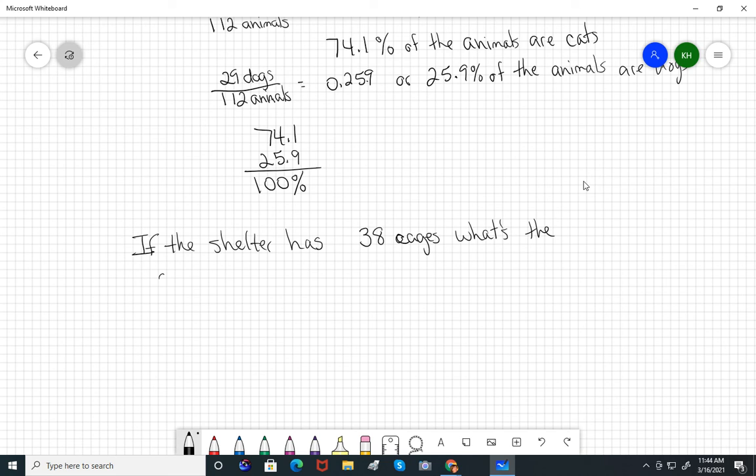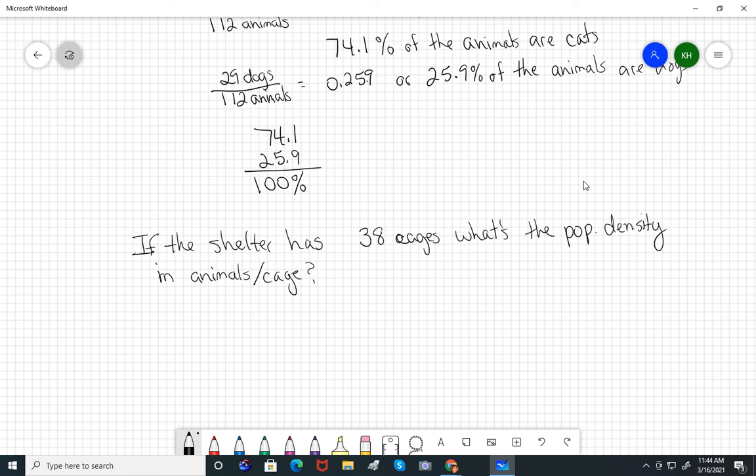What's the population density in animals per cage?